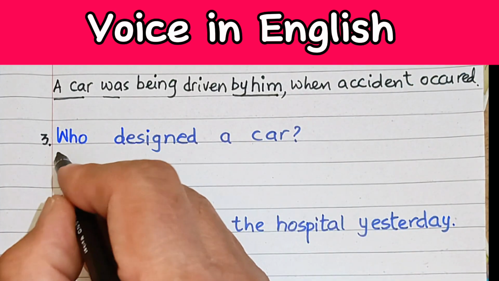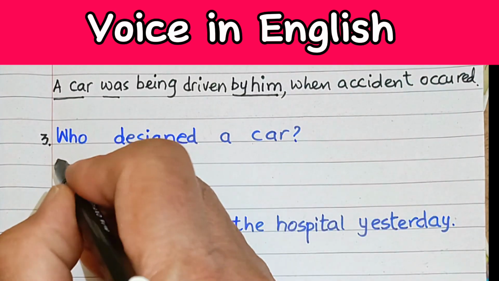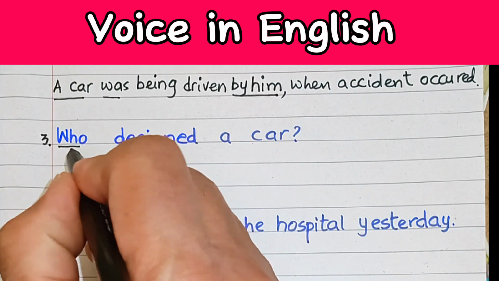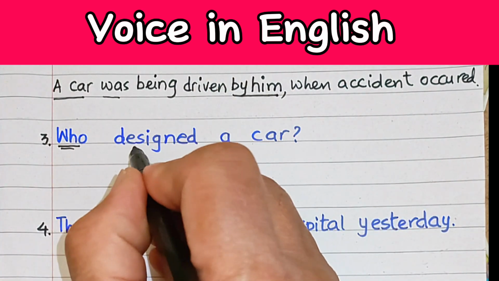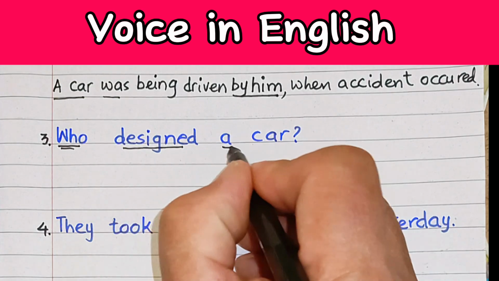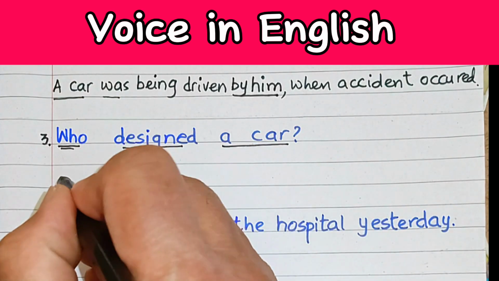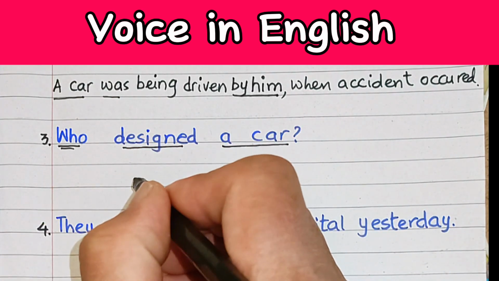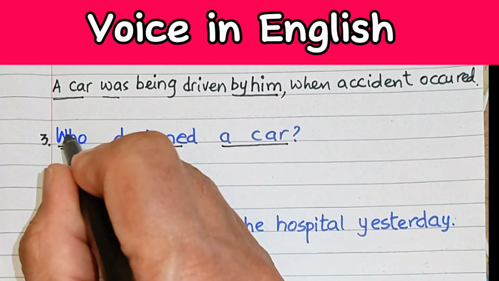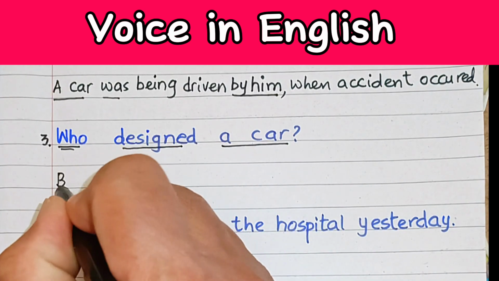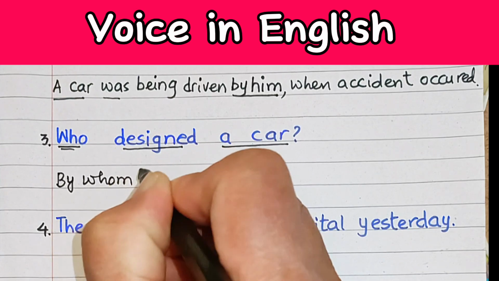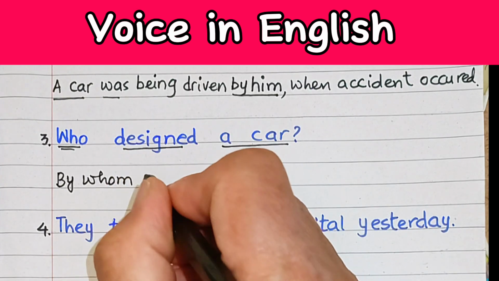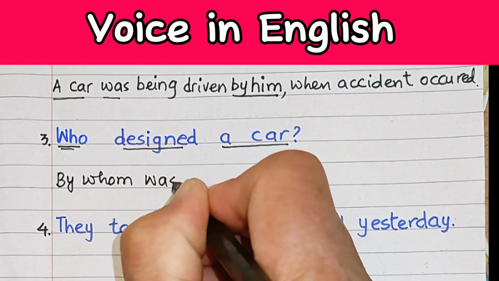Now sentence number 3. Who designed a car? So over here, in place of who, we don't have the object or subject or the doer. So designed is a verb, a car is an object. So who is to be converted into by whom. Now this is past tense, then we will write was.